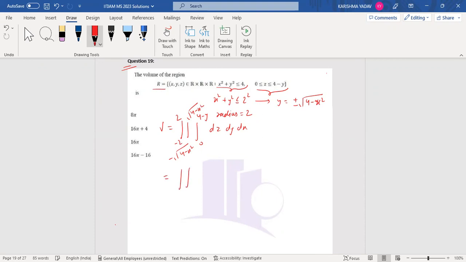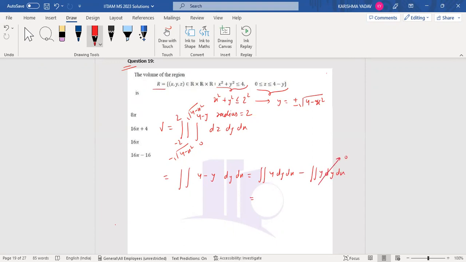Now I have this triple integration, which becomes the integral of (4 − y) dy dx. We can separate this into the integral of 4 dy dx minus the integral of y dy dx. Now this second part will go to 0. How?